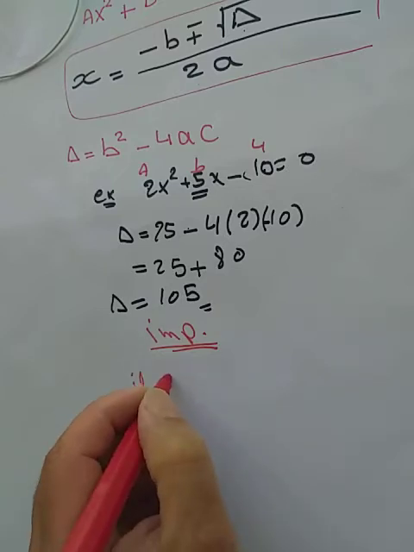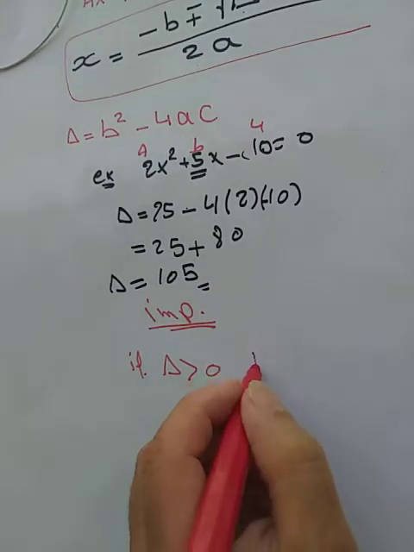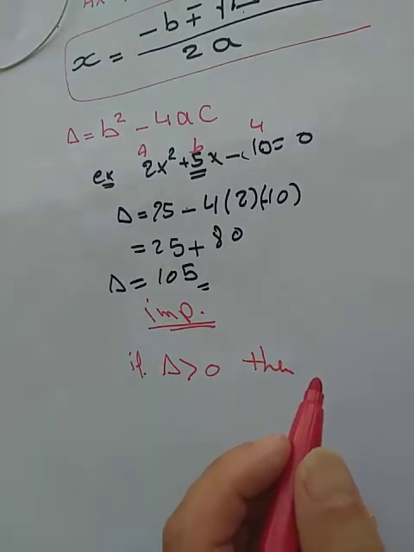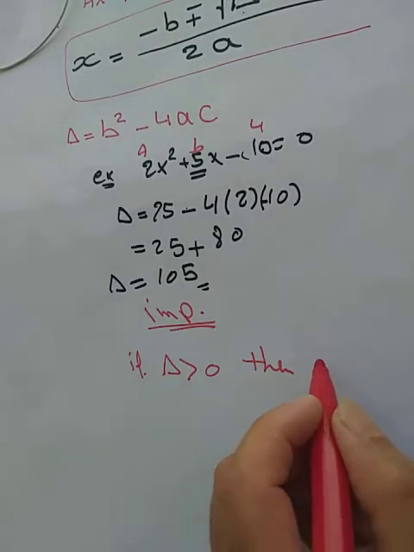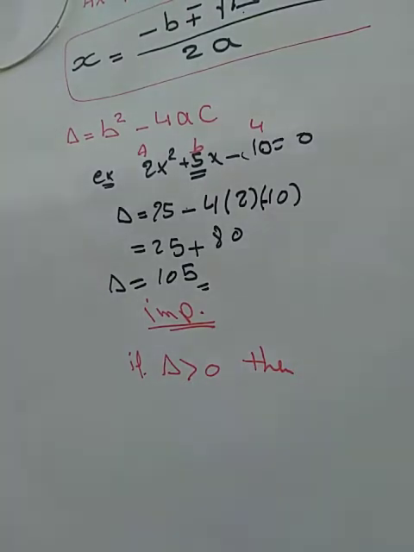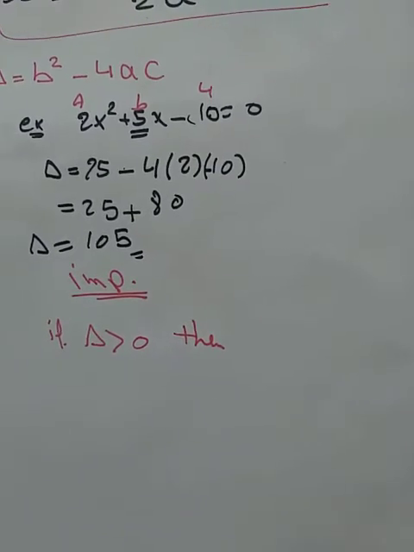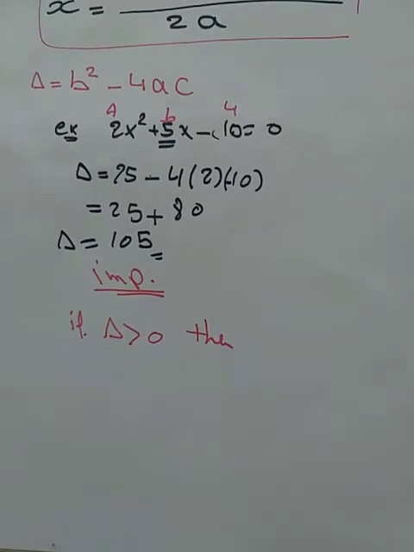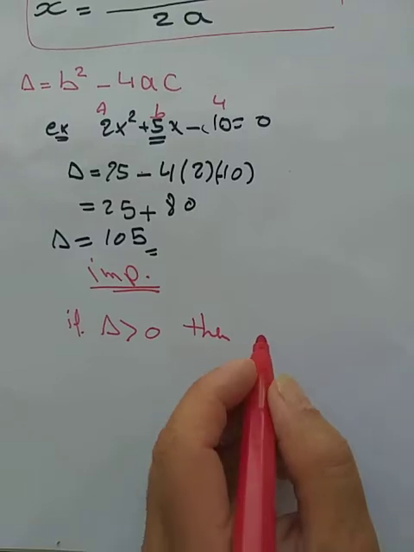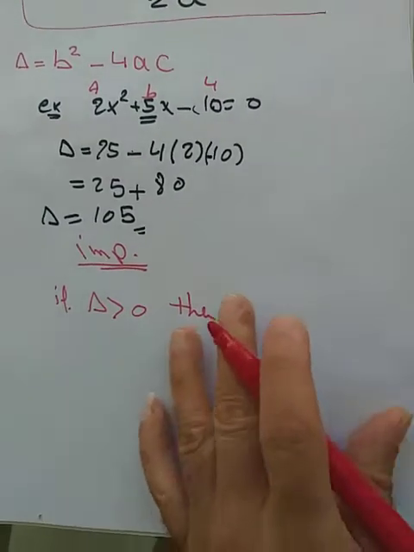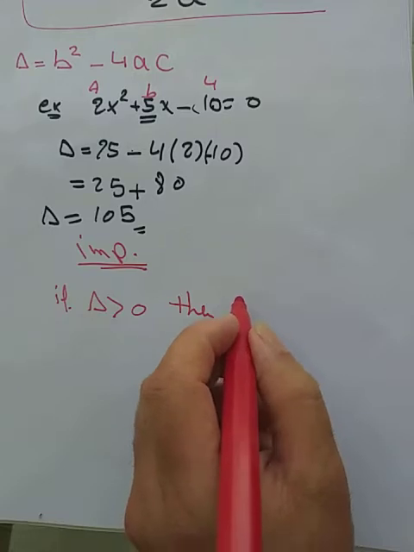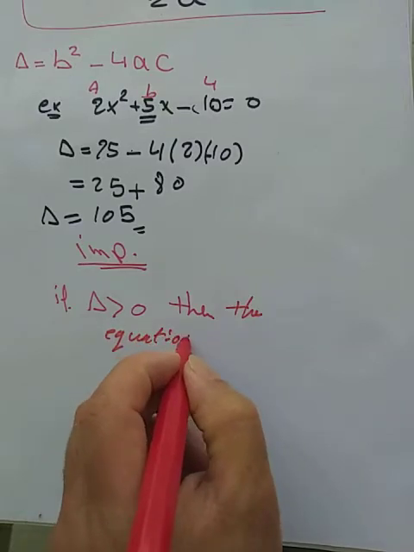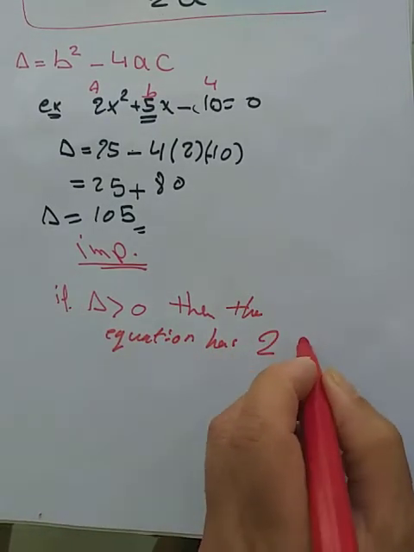If delta is more than 0, then the equation has two roots.